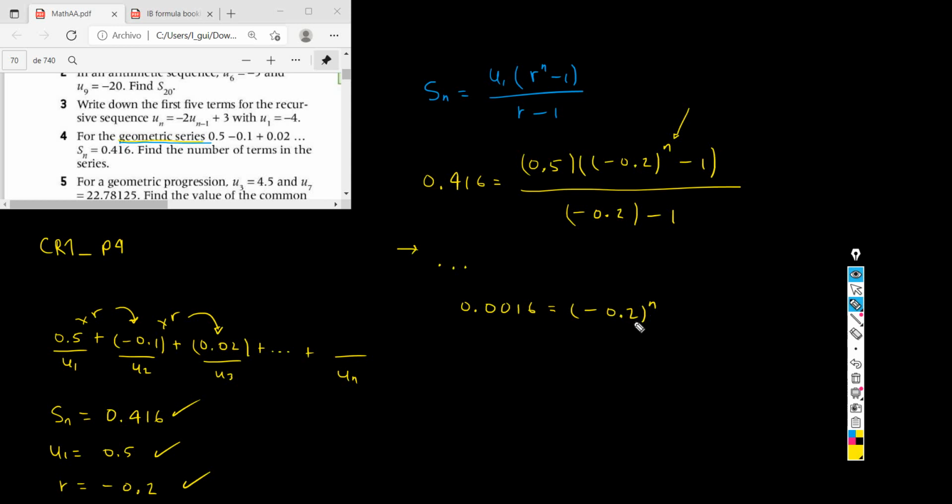I want you to arrive at this. Basically, what I'm doing in all of these intermediate steps is isolating minus 0.2 to the n, this term. Get here. Okay, once you're here, let's actually put it the other way around. Minus 0.2 to the n equals 0.0016. There you go.